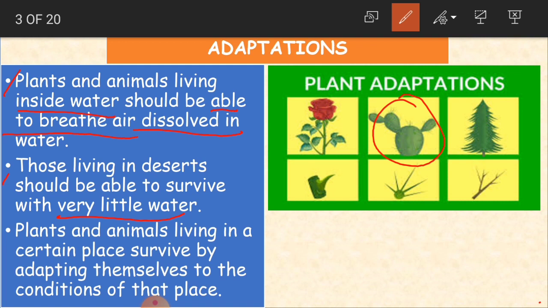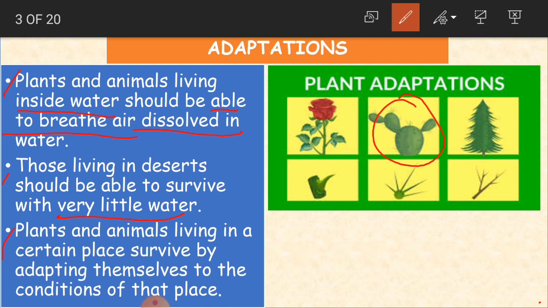Clear, children? And the third one is plants and animals living in a certain place survive by adapting themselves to the conditions of that place. Plants live in different places, like even soil, red soil, black soil, or near water areas, near mountains, in the hill areas, in snow areas, so many places.